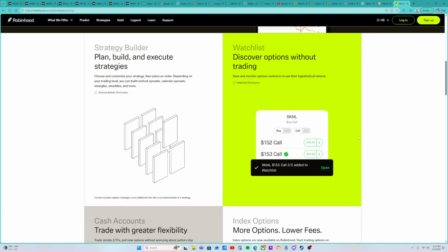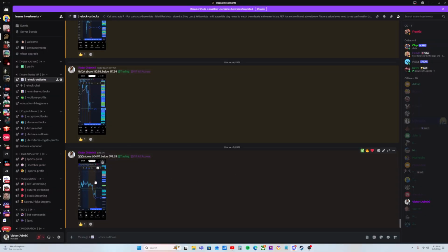How do I know when it's safe to enter a position? How do I know when it's safe to buy either call option contracts or buy put option contracts, right? So the example we're going to go with today is today's play of the day, my daily outlooks in the private server I run, Insane Investments, with a couple of buddies of mine.